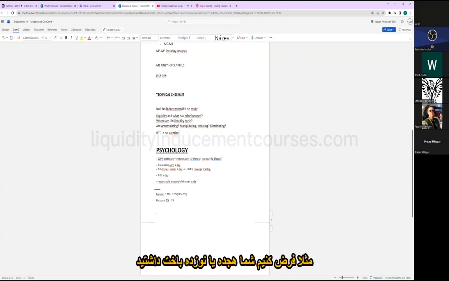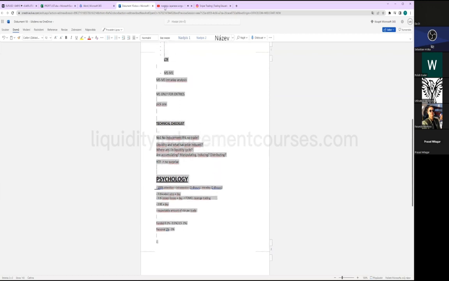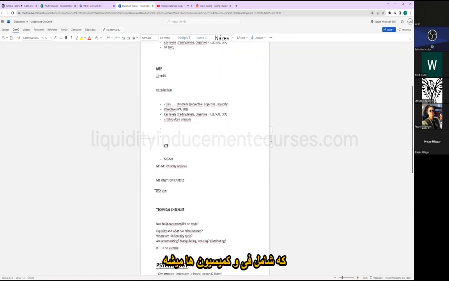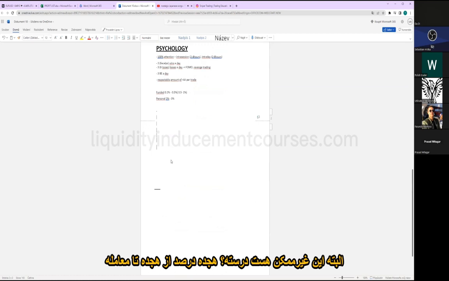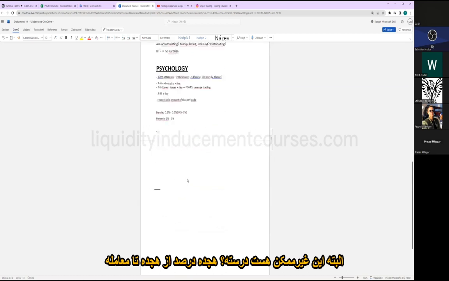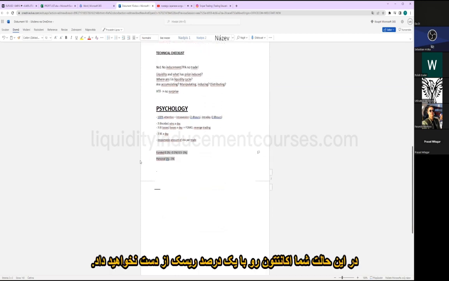You can have, let's say, 80 losses or 90 losses, including fees and commission, and that's pretty impossible, right? To have an 80 loss streak. So you're not gonna burn your account with 1% risk.